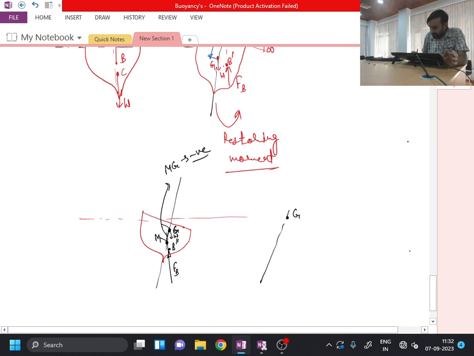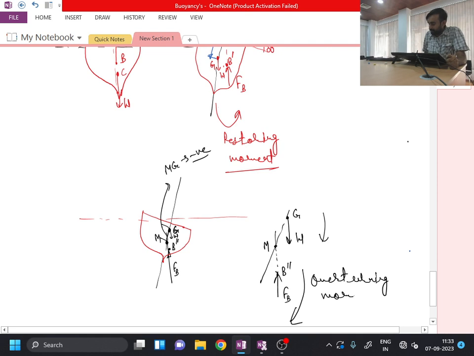Here I am having G, where weight is acting in downward direction. Here I am having B double dash, where buoyancy force is acting in upward direction, and these two are coinciding at point M. Now I have displaced the body in this direction, and if you see, buoyancy force is acting in upward direction and weight is acting in downward direction, so this is also creating a moment like this. So this is nothing but an overturning moment over here.